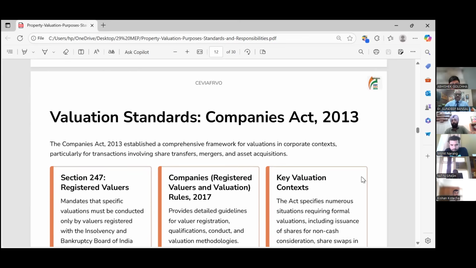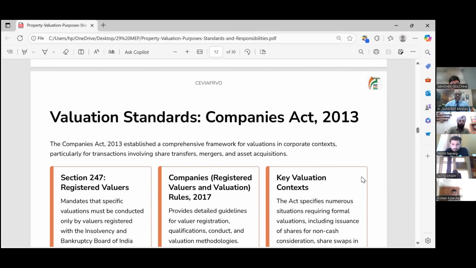So first, though there is no valuation standard as of now established in India, the valuations which are done under Companies Act 2013, for which you are preparing, require certain conditions, certain procedures which are to be followed.